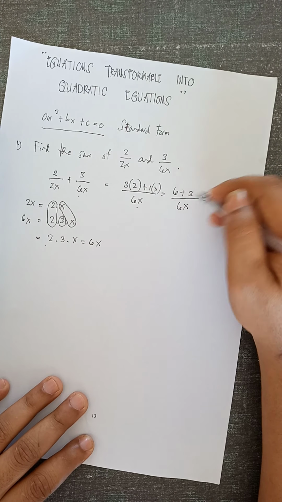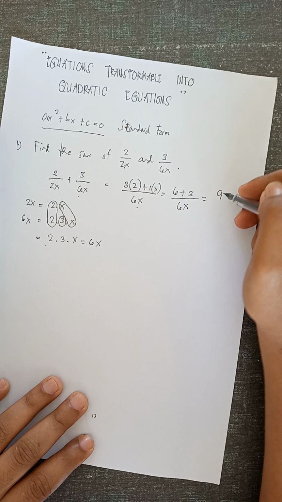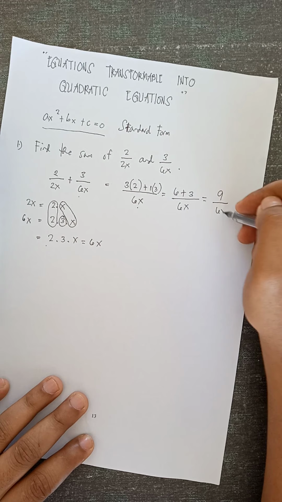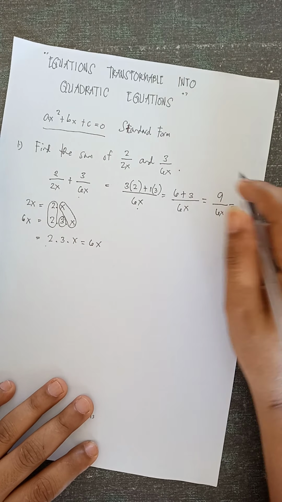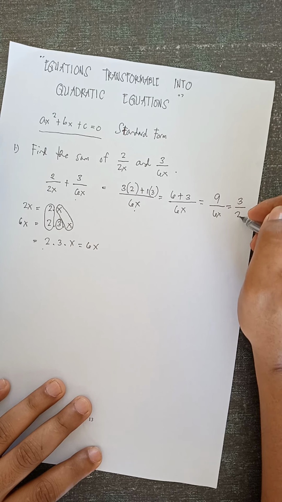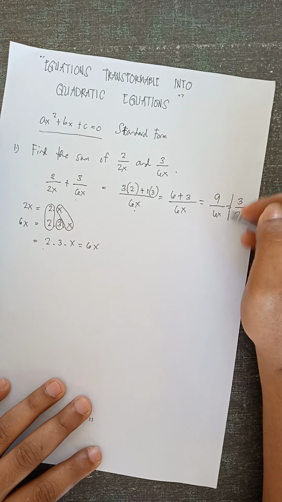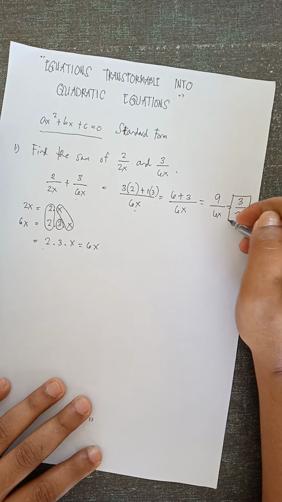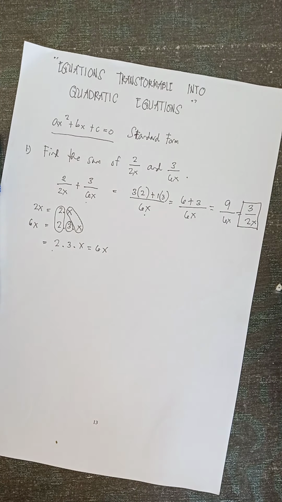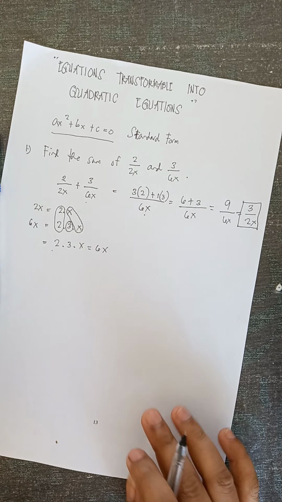Simplify: 6 plus 3 will have 9 over 6x, and the simplest form is 3 over 2x. So that is the process on how to add or subtract a given rational algebraic expression.